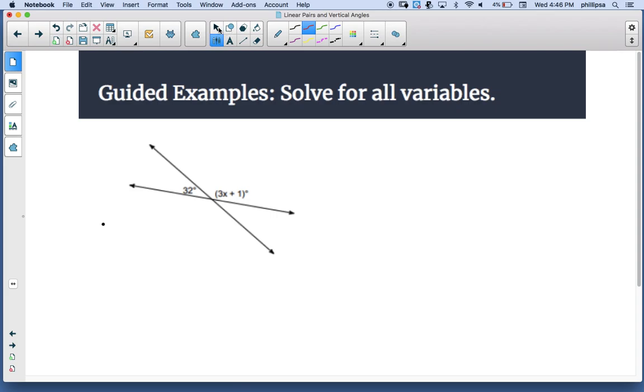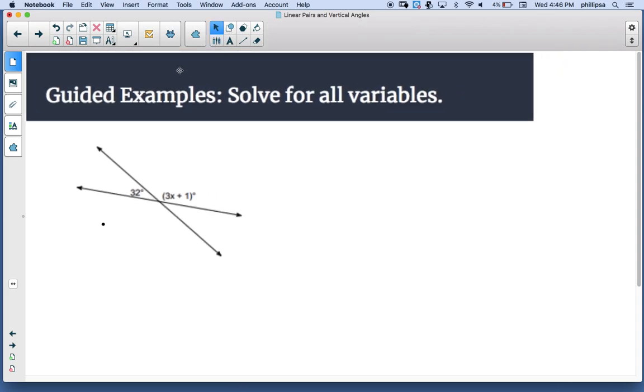Okay, a bit more involved here, but not significant. So again, I do have this time two intersecting lines, but to again highlight the fact that they are adjacent. They lie along the same bottom line here, so then these two would be considered supplementary. So adjacent supplementary angles are a linear pair.